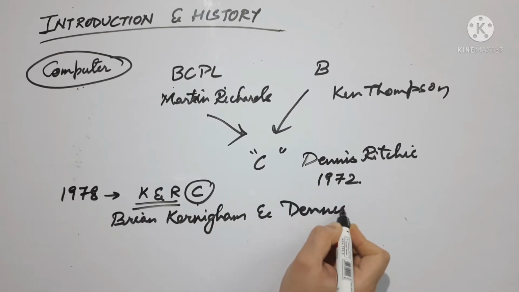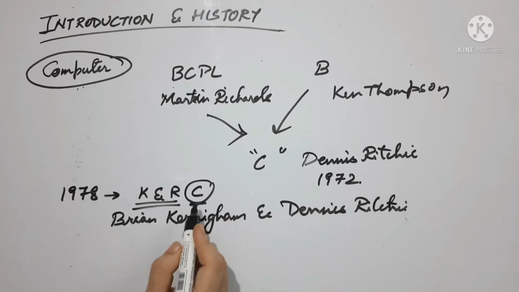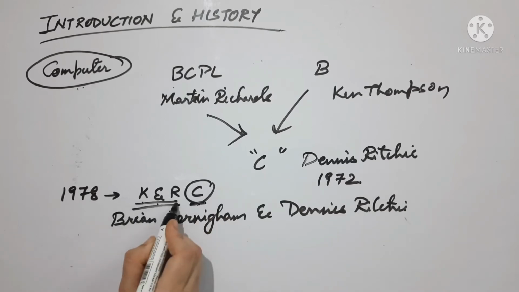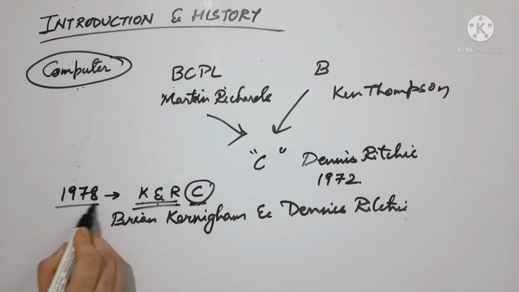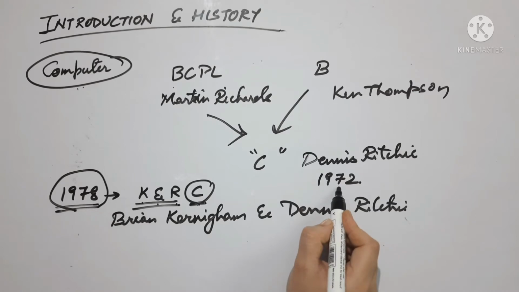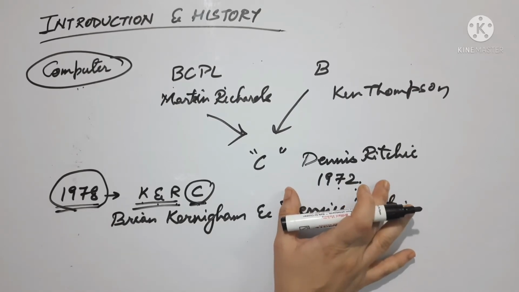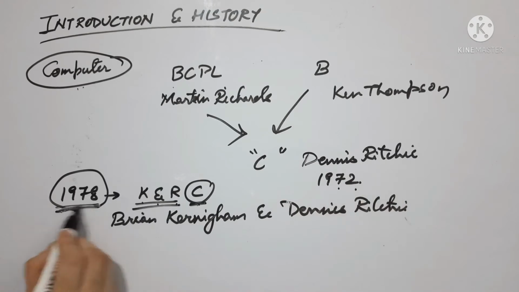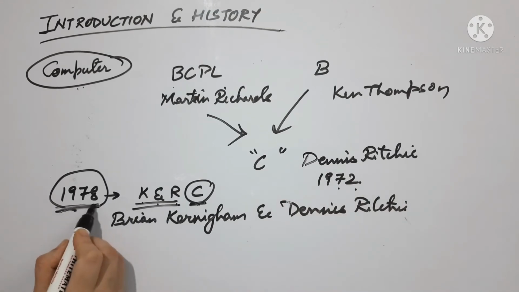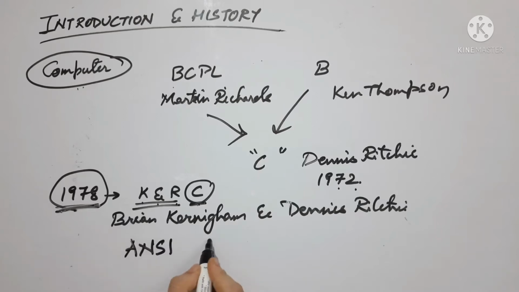So these two people documented the C programming language, and this was popularly called as K&R C, and this was introduced for general purpose use in the year 1978. In 1972 it was only restricted to the Bell Laboratories, but later it was made applicable for the public use in the year 1978.